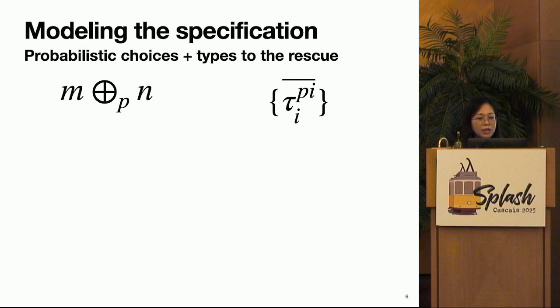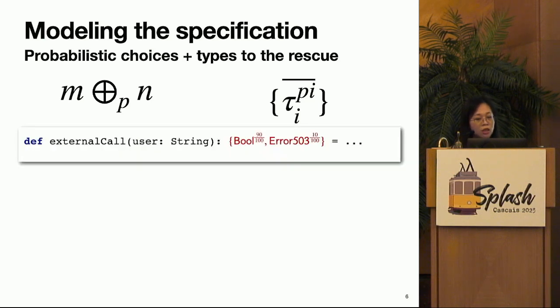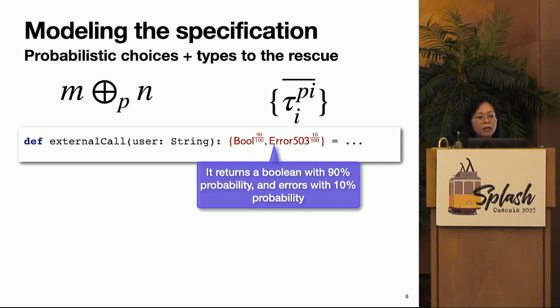If you use the combination of these two things, probabilistic choice and probabilistic type, you can type the external code with this type that is going to return a Boolean with 90% probability and an error with 10% probability, because this is the empirical information that you have.